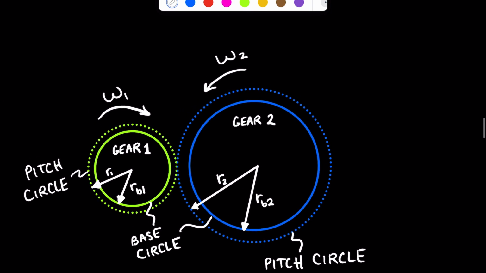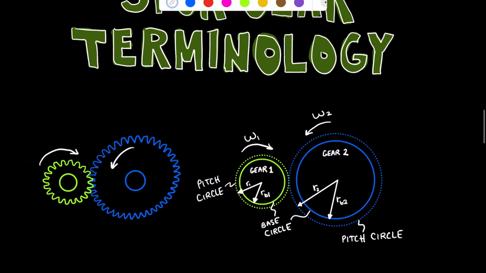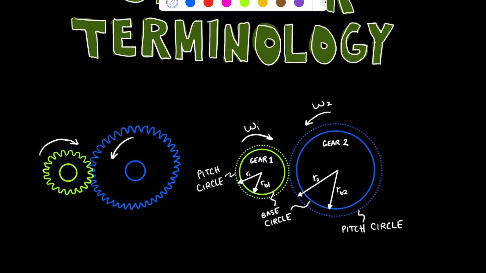So here I've labeled a few of the dimensions on our simplified model of these spur gears. First, you'll notice that I labeled them gear 1 and gear 2 just to go along with the subscripts. Gear 1 is moving with angular velocity omega 1, gear 2 is moving with angular velocity omega 2, and then I've labeled the base circle, which is in the solid line for each of the gears, and I've labeled the pitch circle, which is this dotted line.